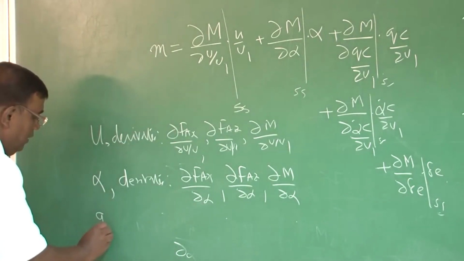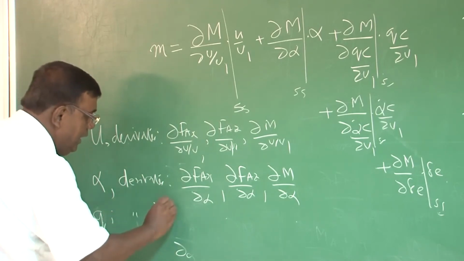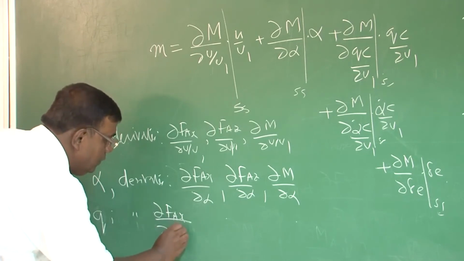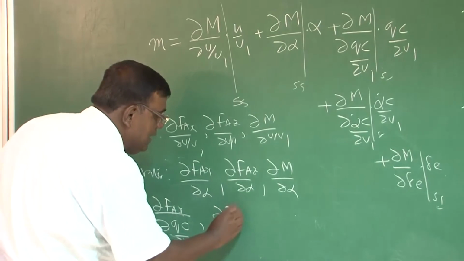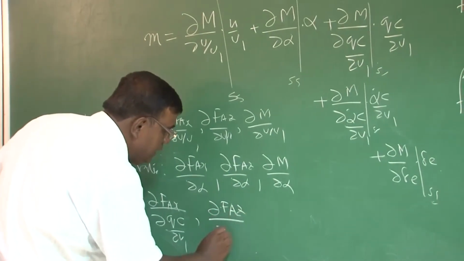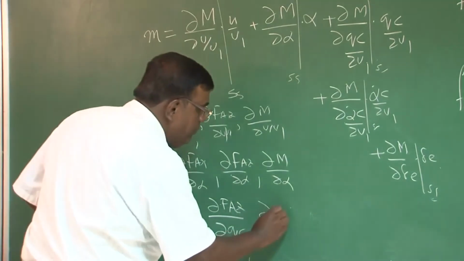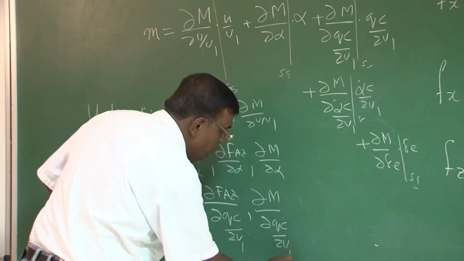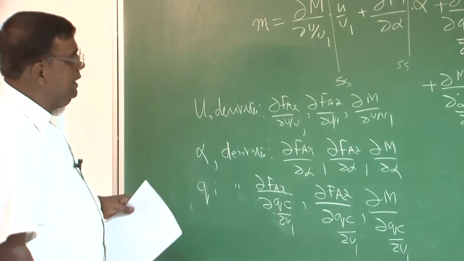Similarly, q derivatives will be dfax by dq c by 2u1, then dfaz by dq c by 2u1 and dm by dq c by 2u1. We will have alpha dot derivatives and delta E derivatives.